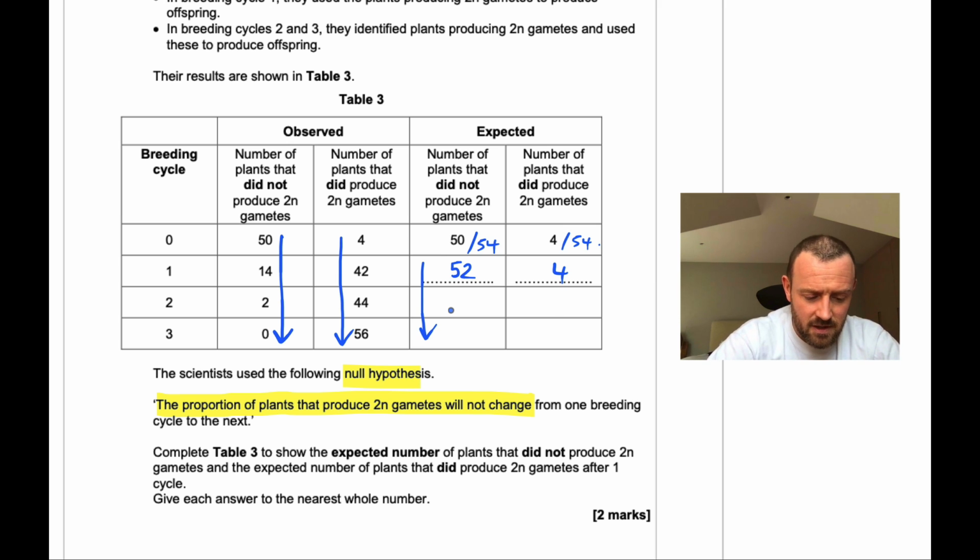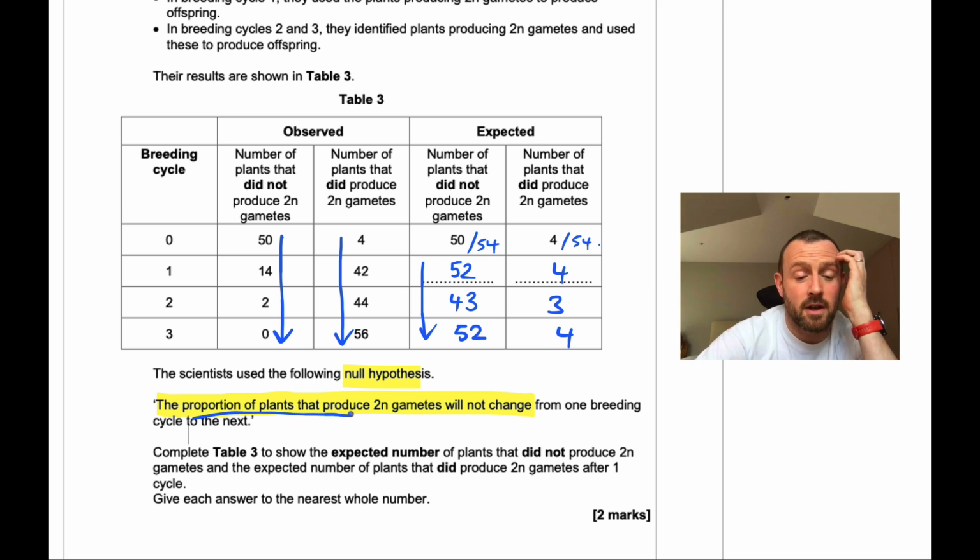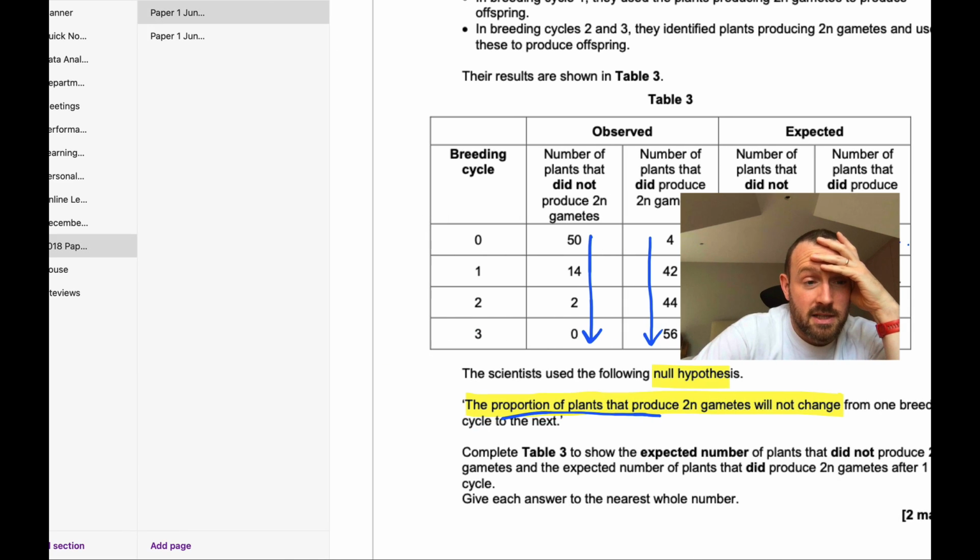So I do 50 divided by 54 times 46, which is going to be 43. And then over here, we've got 46 total, so there's going to be 3 there. And then down here is 56, so 50 divided by 54 times 56 equals 52, and that's the 4. Okay, it's the proportion of plants that won't change, not the number. Let's double check that.